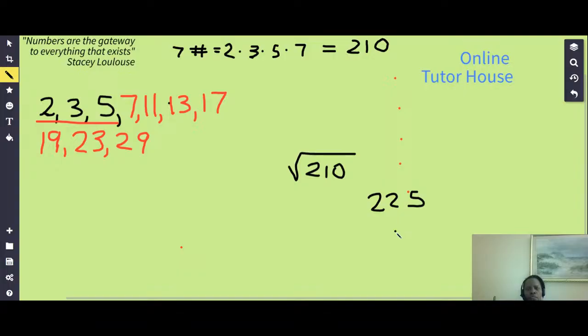So 225 I know is 15 squared. And then 196 is 14 squared. So I know that the square root of 210 is between 14 and 15, somewhere in between.